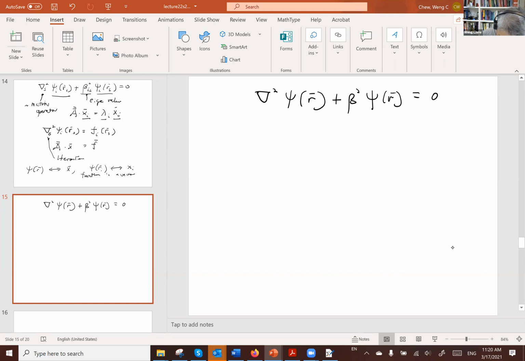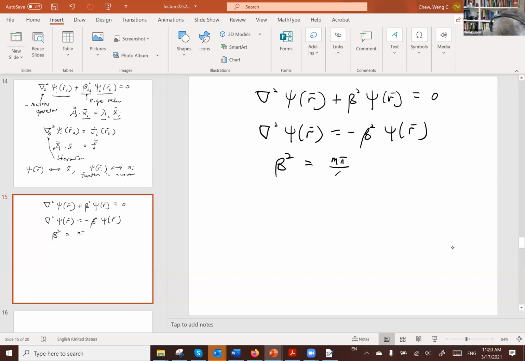And then you can see that this problem can also be written as minus beta square psi of r, where beta square in the case of the rectangular cavity is (m pi over a) squared plus (n pi over b) squared plus (p pi over d) squared.